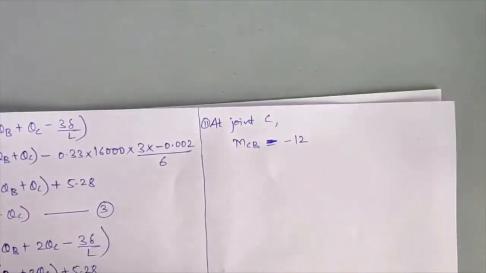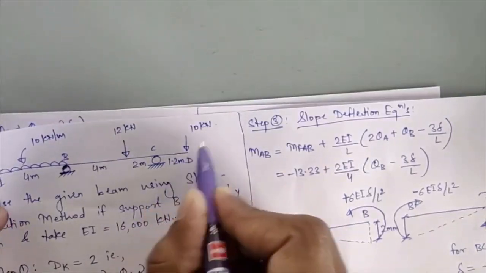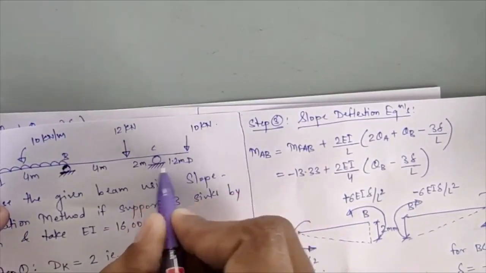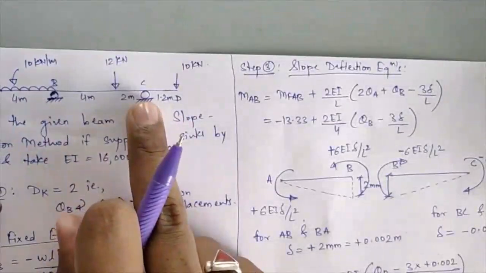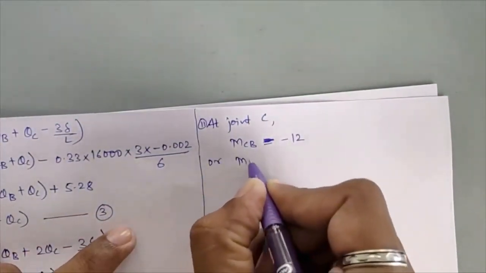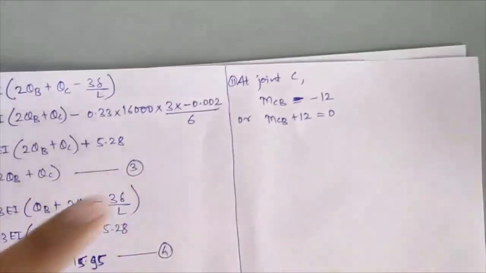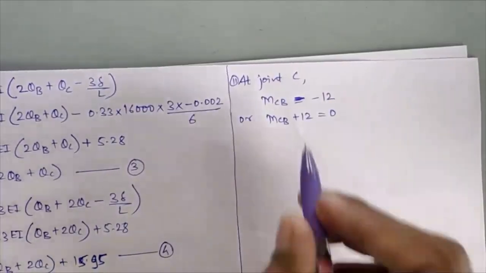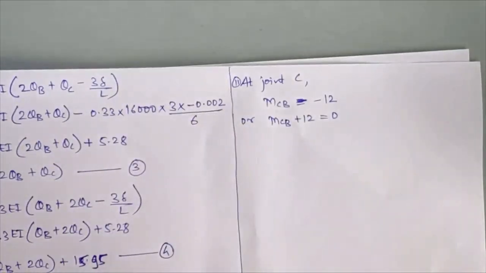Why? Because whatever the overhang portion is giving, that is 10 into 1.2, it forms a moment there, that is the additional moment we have taken. So restoring signs, instead of this you can write MCB plus 12 must come equal to 0.